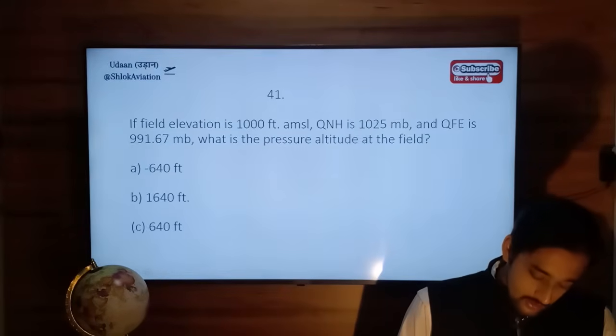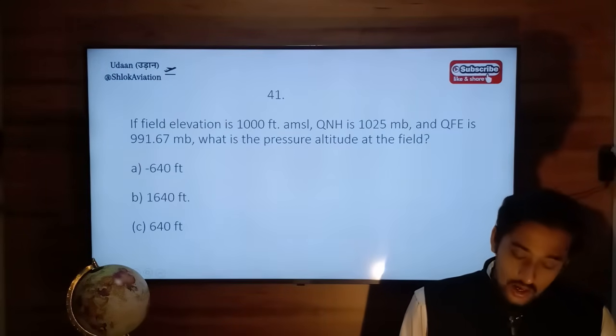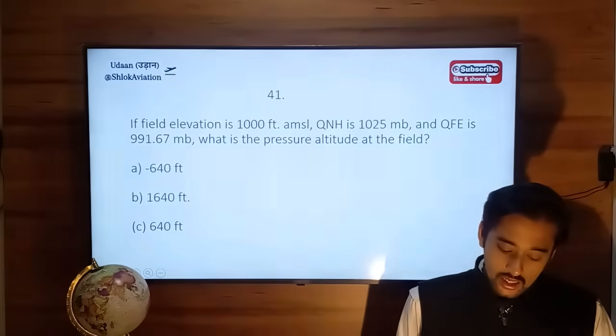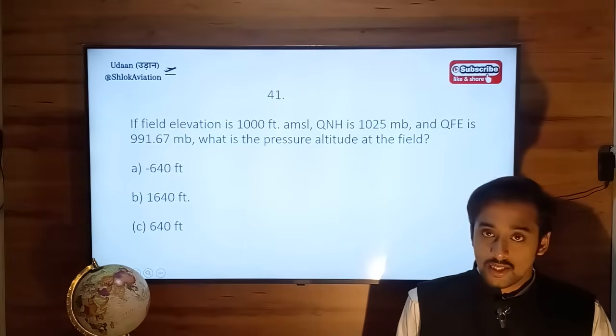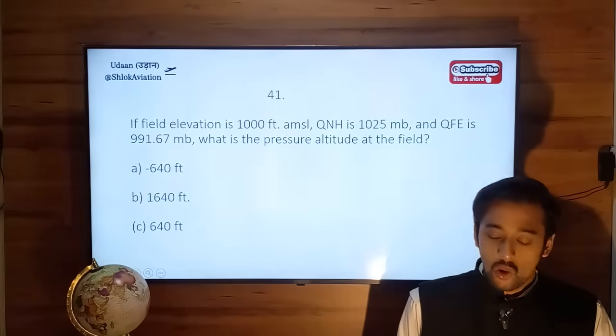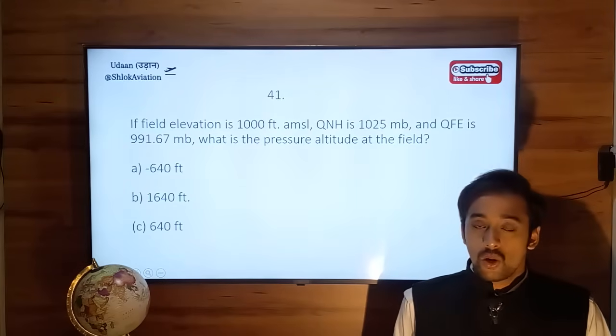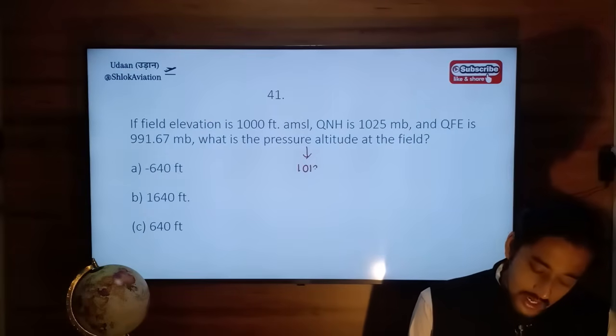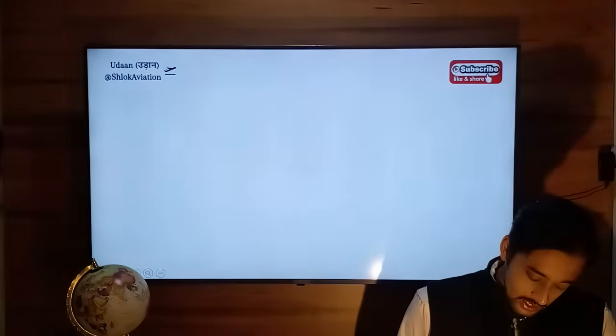Question 41. If elevation is 1000, QNH is 1025, QFE is 991, what is the pressure altitude at the field? Pressure altitude is measured from what datum? It is measured from 1013 datum. Let's draw this diagram.